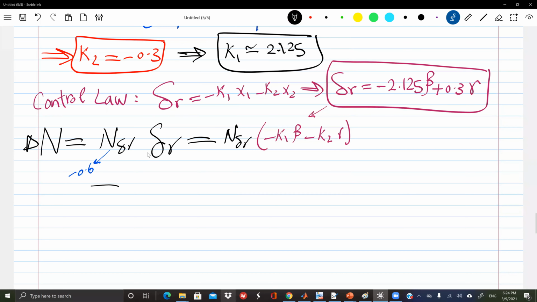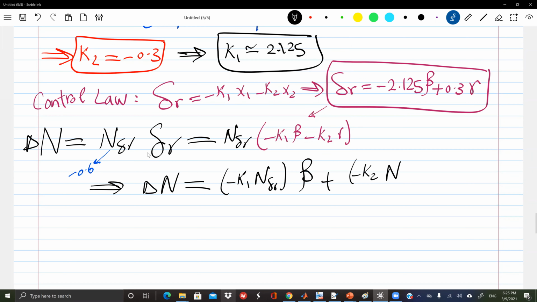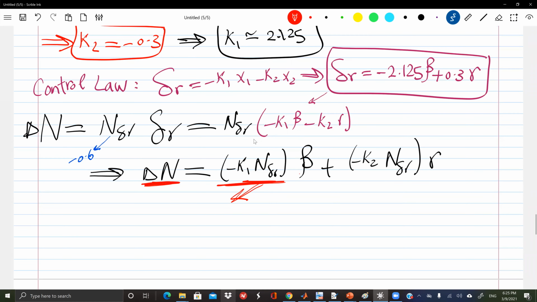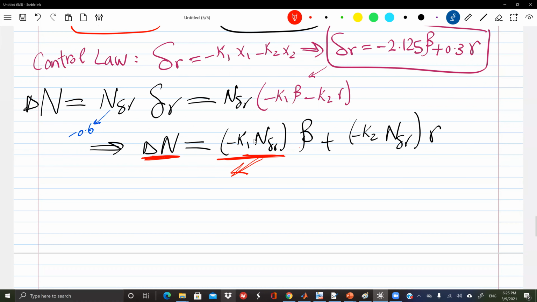So my change in N is negative k1 N delta rudder times beta, negative k2 N delta rudder times r. And look at this, the change in the yaw moment is something times beta. What must this be? Yaw stiffness. Very good. This is yaw stiffness, which we call N beta, right?